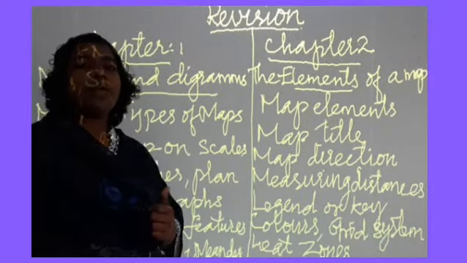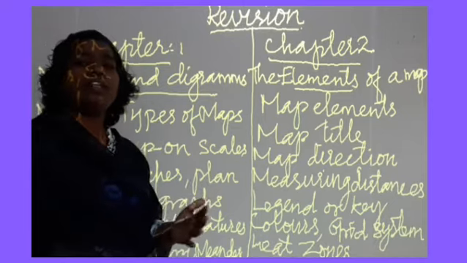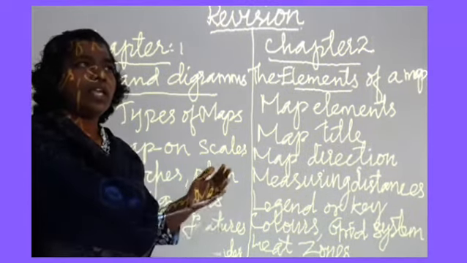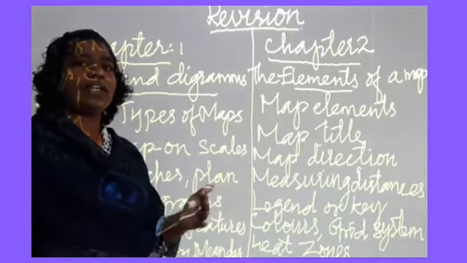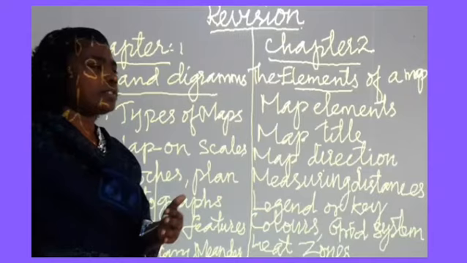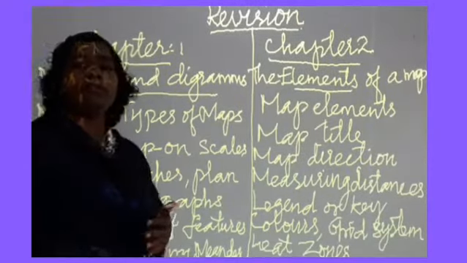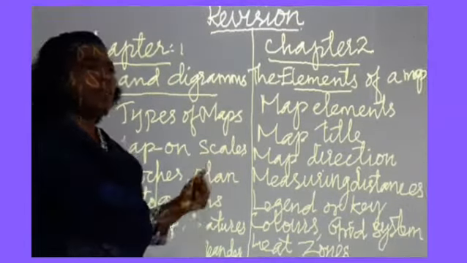And a thematic map helps us to identify the climate, the locations of different factories, cultivation of crops. All this can be identified with the help of a thematic map.